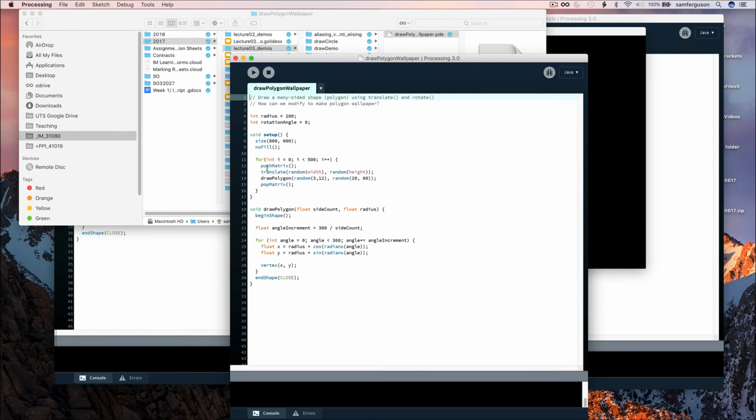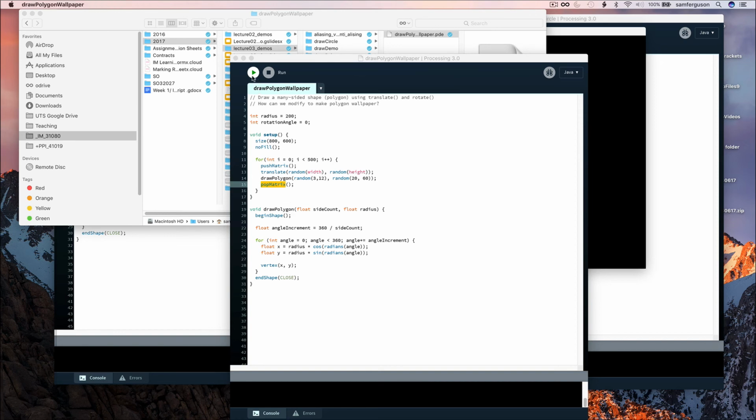We can say push matrix, translate, draw polygon, and pop matrix. That's the usual way we do things. We say, remember where we are, translate somewhere, do something, and then put us back where we were first. So this is going to create lots of polygons.